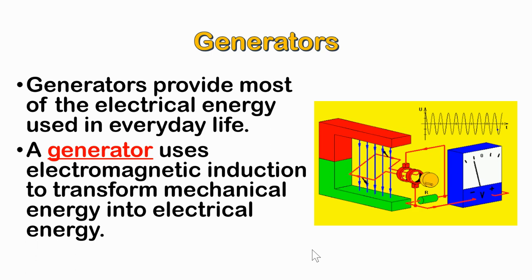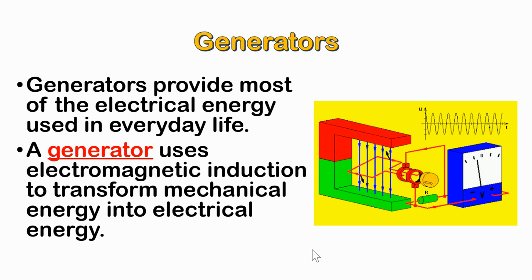This actually produces something called alternating current. Okay, the current is alternating from one direction to the other, and that's because one side of the wire, at one point, is facing the north magnetic pole of the magnet, and then it faces the south magnetic pole of the magnet.